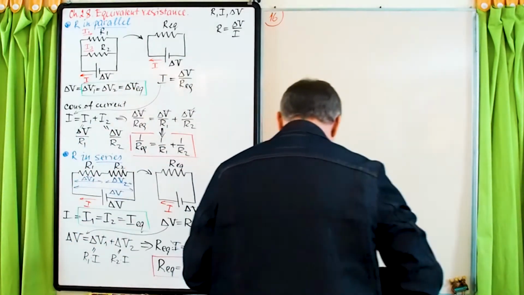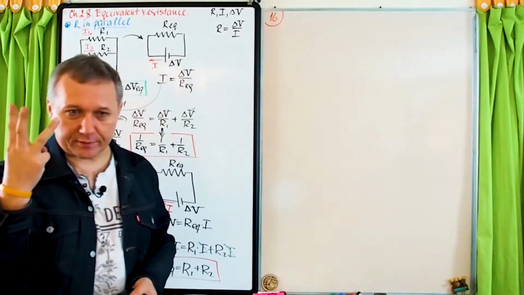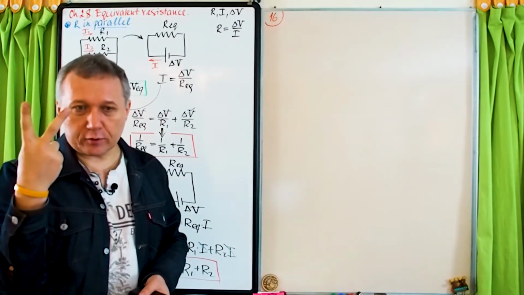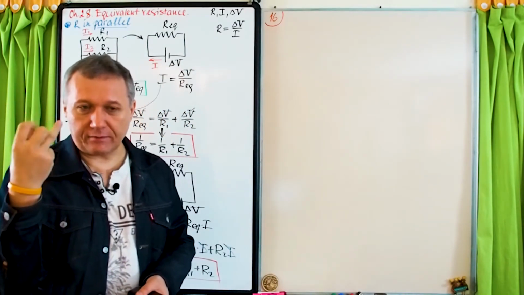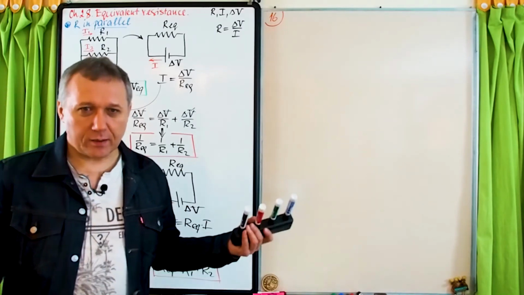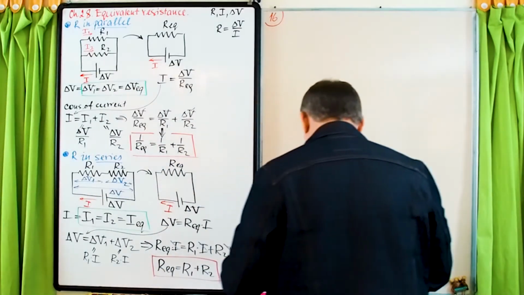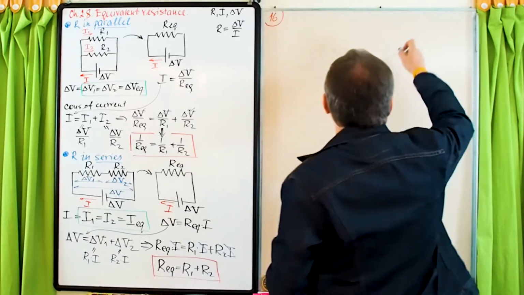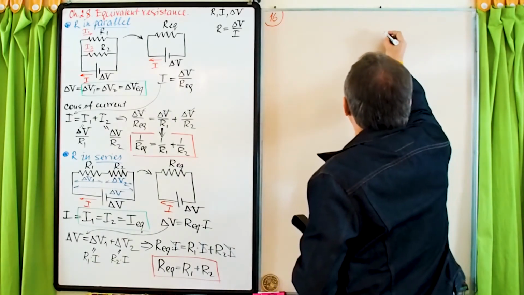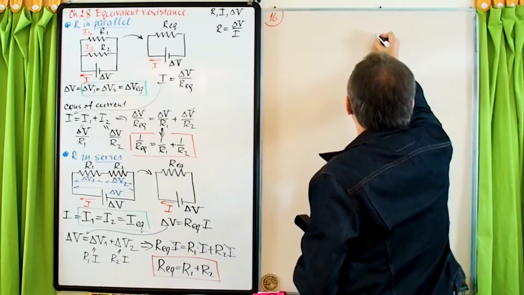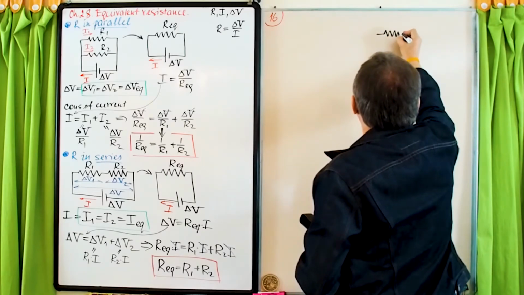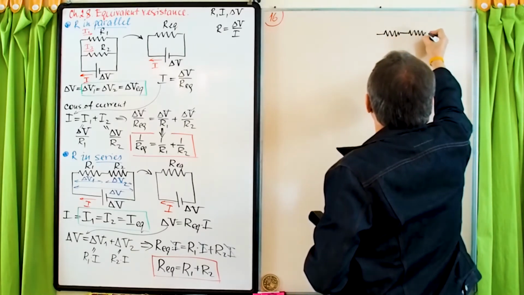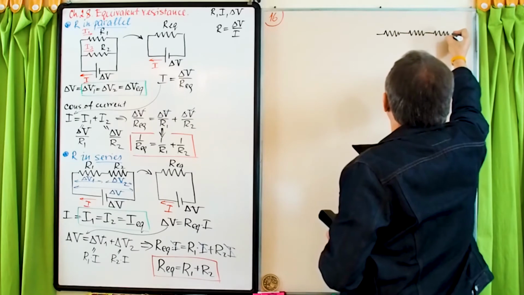So what do we have here? 3 resistors are given. The values of 2 are known. The value of 1 is not known. All right, so let me draw something. 1, 2, 3.